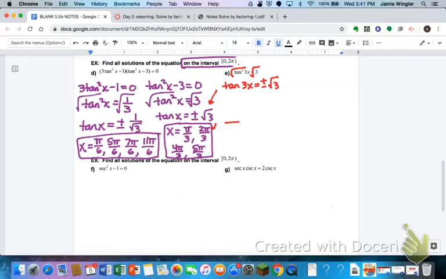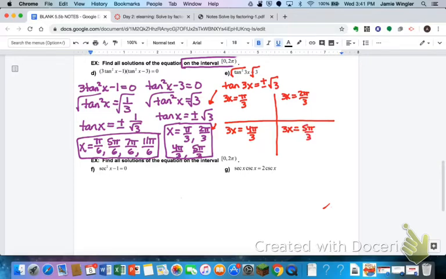So I'm going to separate this into 4 areas so I can work. Because instead of writing my answer like I did in example D, I'm going to write 3x equals pi over 3, 3x equals 2/3 pi, 3x equals 4/3 pi, and 3x equals 5/3 pi.